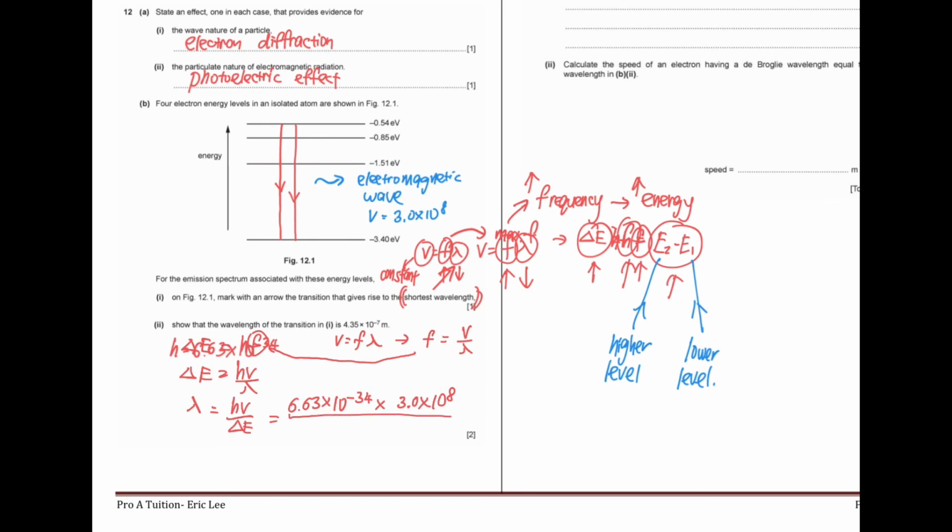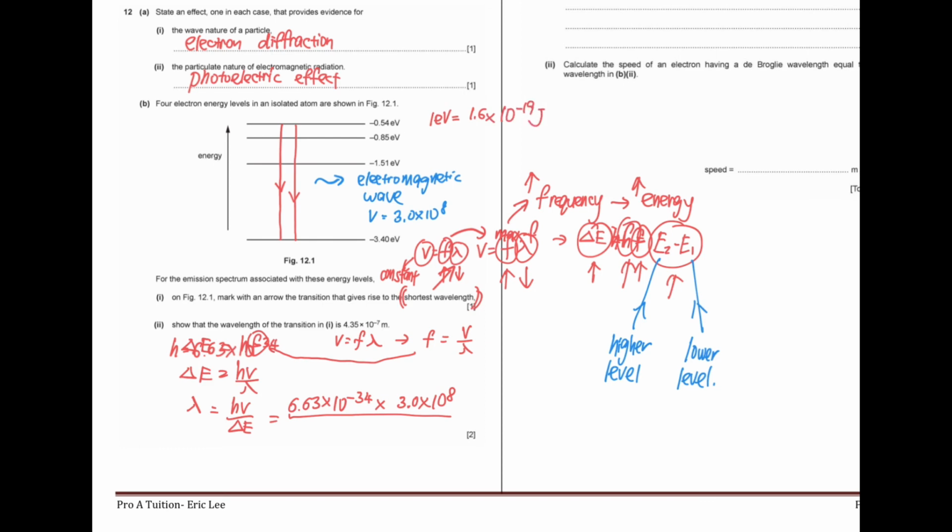It must be in SI unit, joule, but they are giving us electron volt. So 1 electron volt is 1.6 times 10 to the power of negative 19 joule.